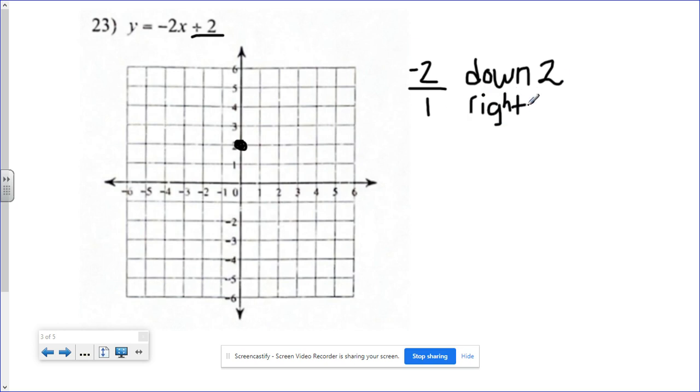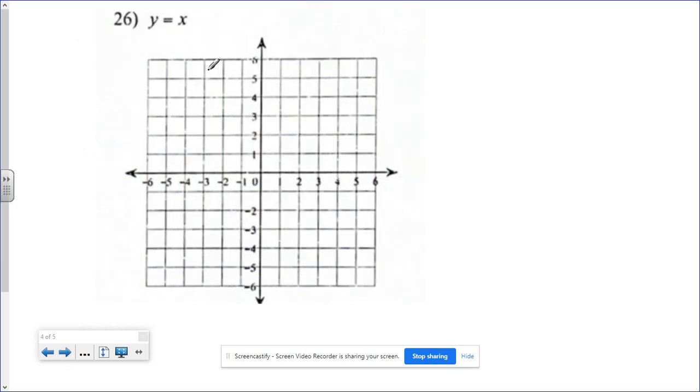So that would be right 1. So from here, I'm going to go down 2 and right 1. There's my next point. This is not going to look good because I don't have a ruler or anything, but that's where you would draw your line through it. It goes through the entire graph, and it has arrows at the end because it's a line, not a segment.